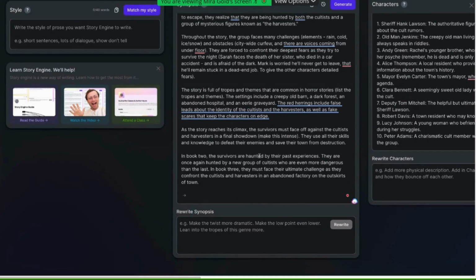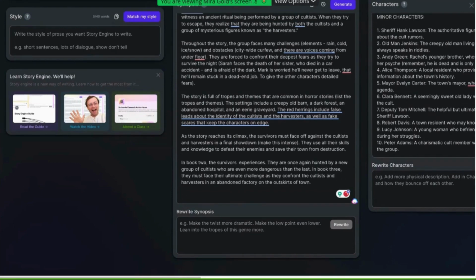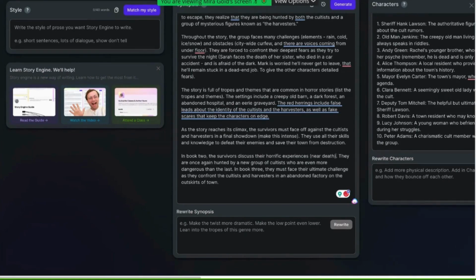So in book 2, the survivors discuss their horrific experiences, and we'll say near death. Now, I would recommend that you get extremely detailed on the information that you're putting in here.